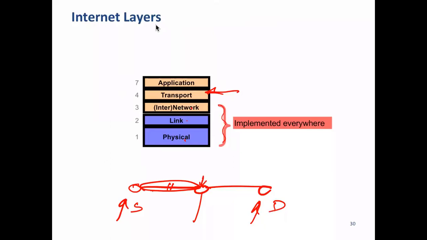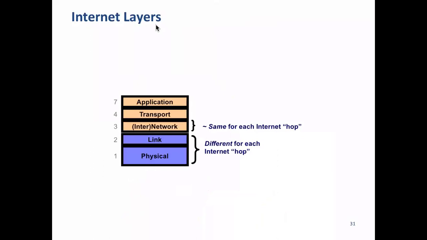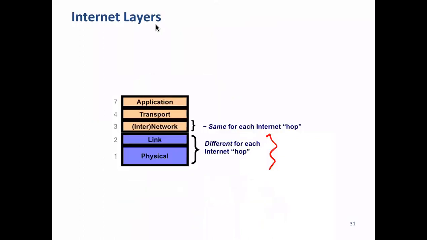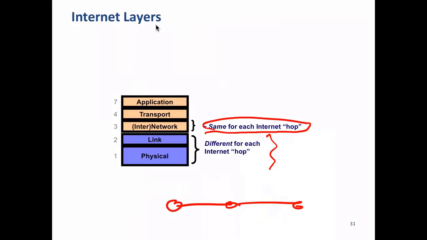Okay, all right. So this we know now, that for each hop we need this. The link layer is responsible only for this link, while the network layer is responsible for the whole route. So here the context is that if this is Wi-Fi and this is fiber, the protocol here would be different, because it's responsible for sending the packet over Wi-Fi, which is different from sending a packet over fiber.